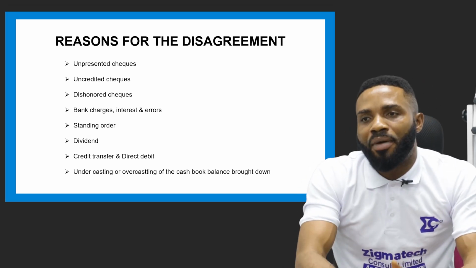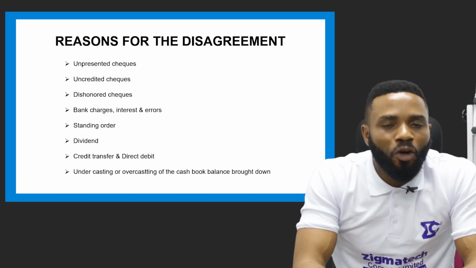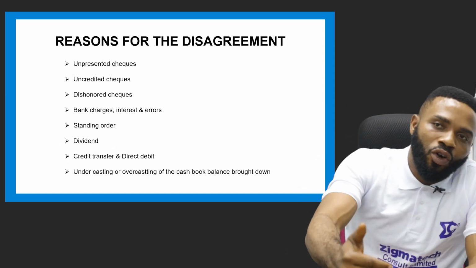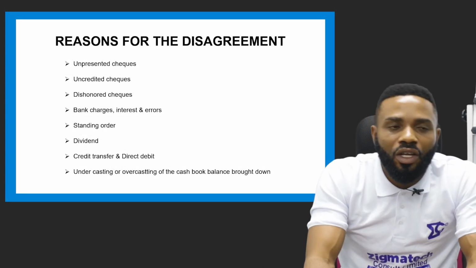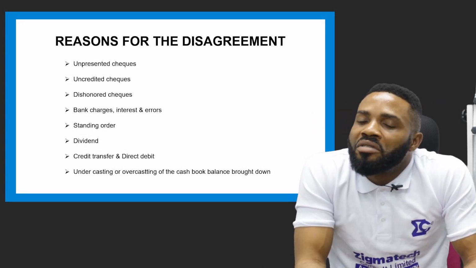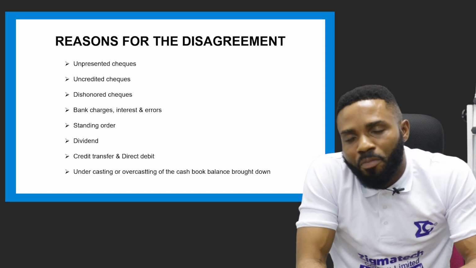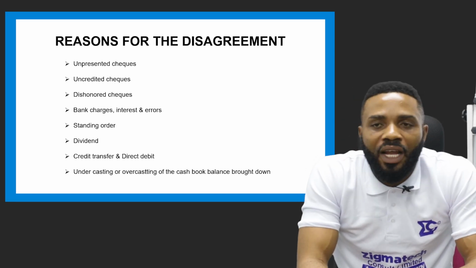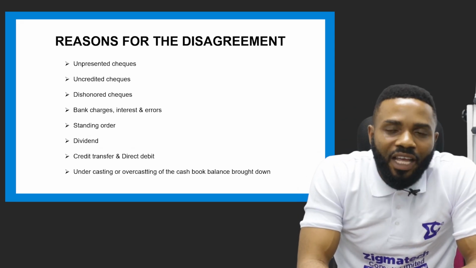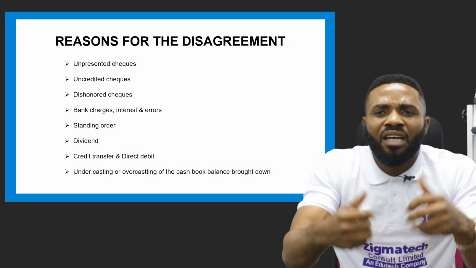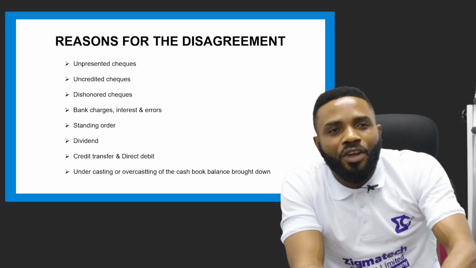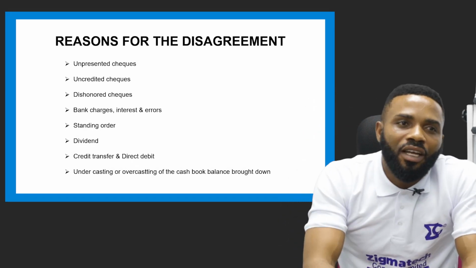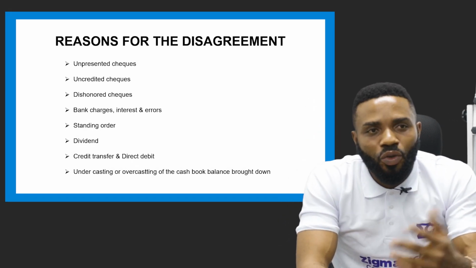I can just give the bank an order to make payment on my behalf at a certain date of the month, maybe the second of a new month, or the first of a new month, depending on the policy of the company. So if the policy of the company spells out that workers should be paid every first day of a new month, then I can pass that order to the bank. So on every first day of a new month, the bank sends the money to the workers.